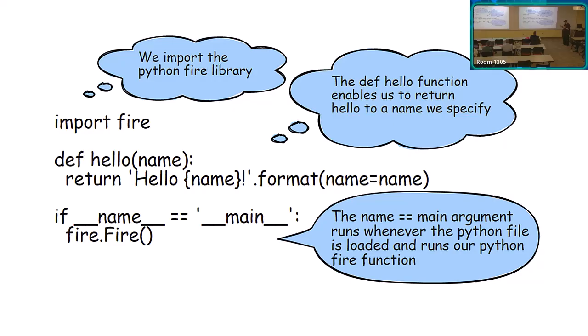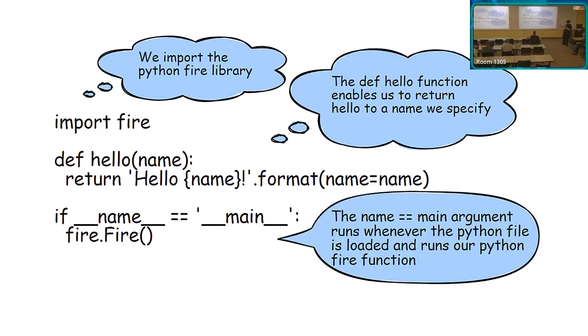And here's how it works. We start by importing Python Fire. Then we create a function. This function in our example is just going to be called hello. We're going to return hello name, and it's just going to format name. And then we're going to set it to run.